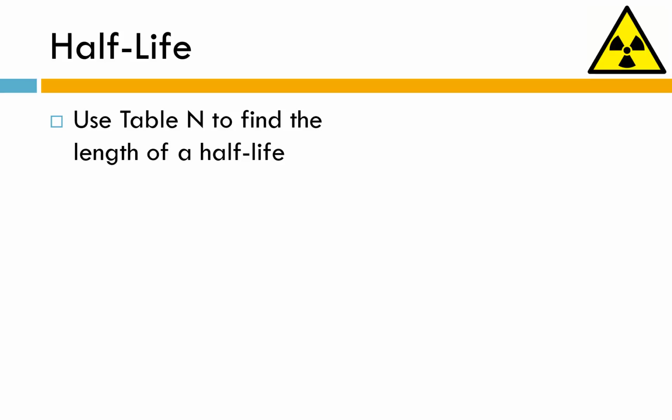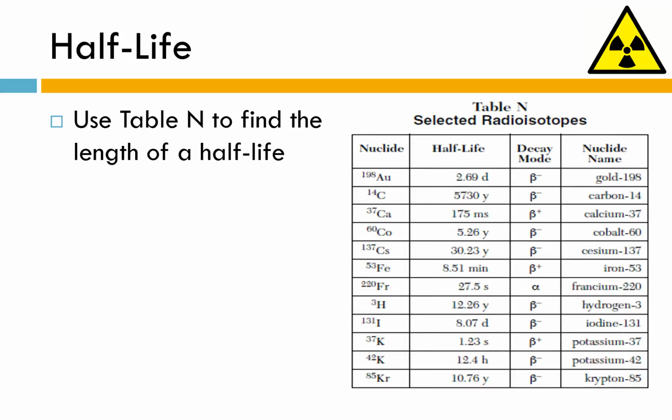So we're going to use Table N to find the half-life of different radioisotopes. We've used this table before. It's a really important table for the nuclear chemistry unit. In previous lessons, we were focusing on decay mode, so we could know whether a specific radioisotope underwent alpha, beta, gamma, or positron decay. Today, as you might imagine, we're concerned with half-life.